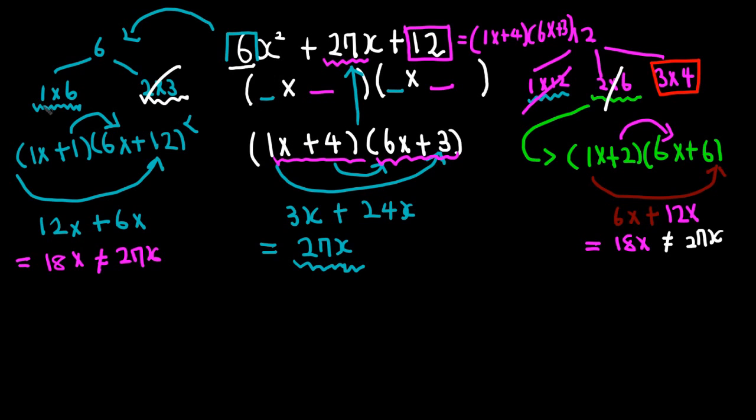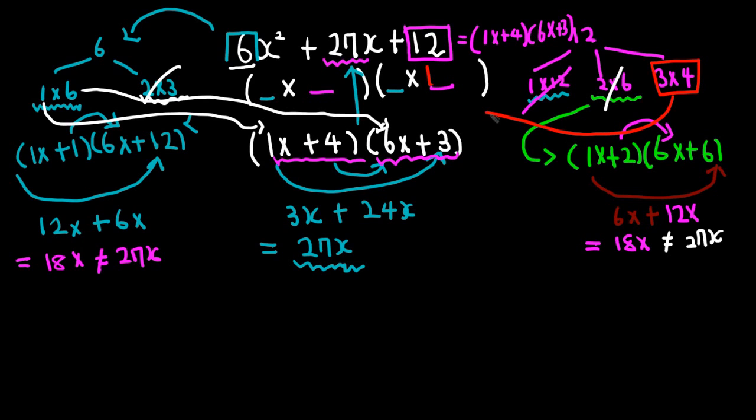So 1 is from 1 here, and 6 is from this one, and they're both factors of 6. And 4 came from a factor of 12, which is 3. And for the 3, it came from this one, which is also a factor of 12. So the multiplication between the 6 factor and the 12 factor should give us 27x.